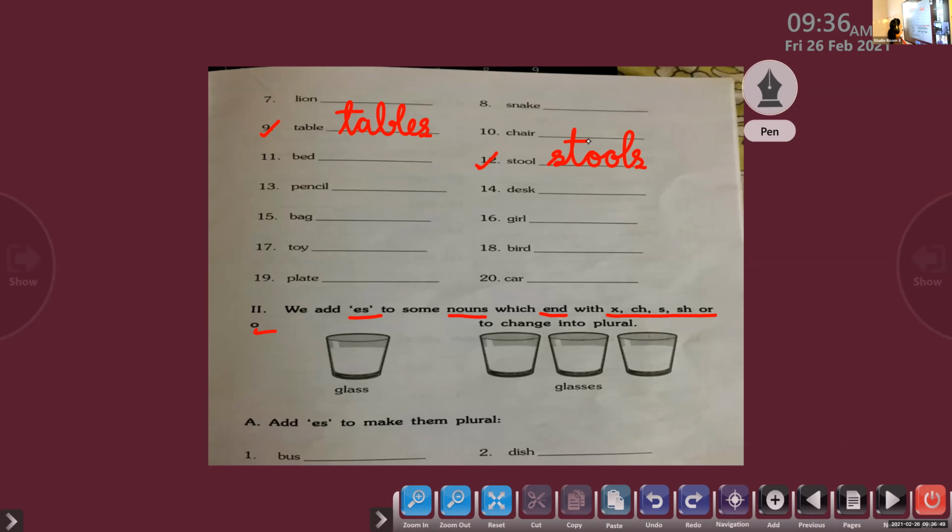S. Stools. Okay, very good. Thank you. Mitra, try number 13. Pencil. Spelling. PENCILS. Fantastic. Thank you. Nived, try number 18.